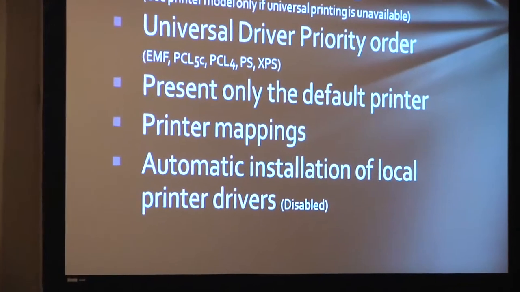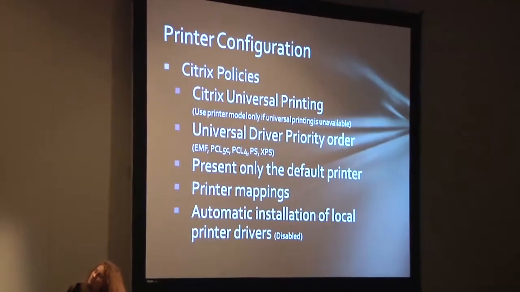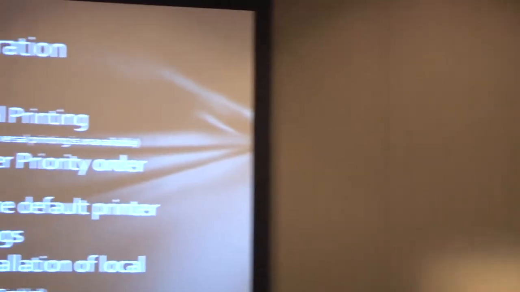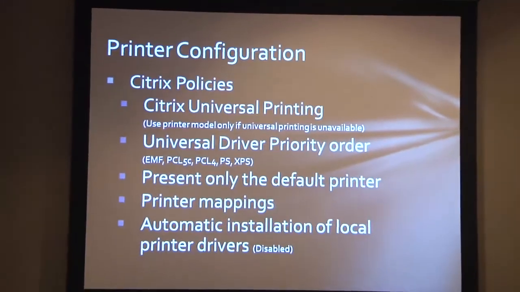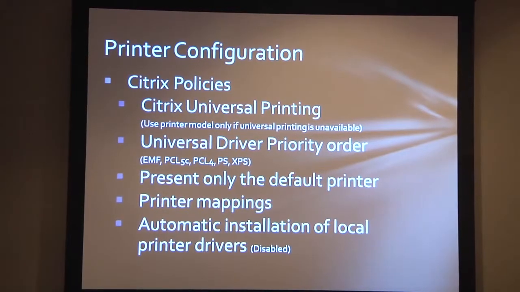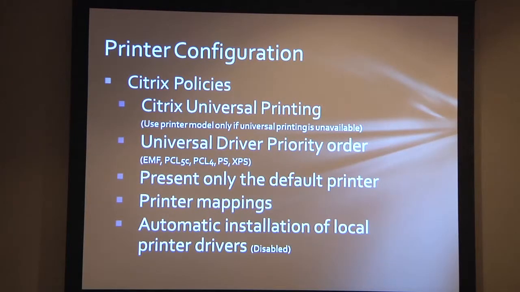So this next slide houses a lot of printer configuration suggestions that fall within the realm of your actual Citrix policies. When we talk about drivers and why we can get away with running so few, it's because we rely heavily on Citrix Universal Printing. 99% of our connections, if you look at any of our servers, are all Citrix Universal Printing.